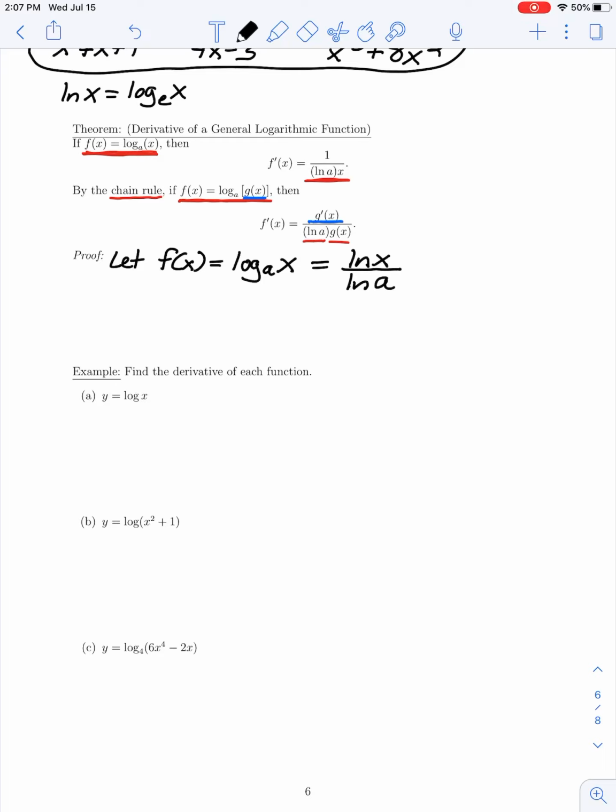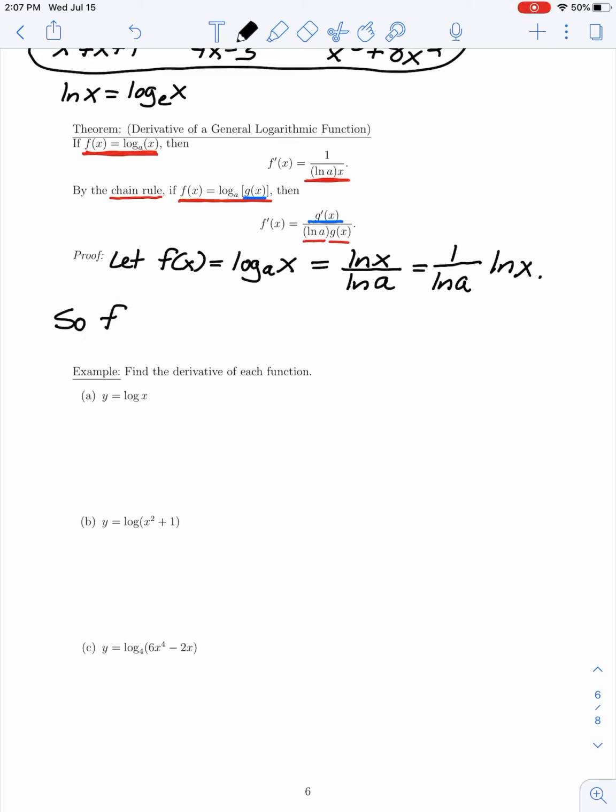So any logarithm can be rewritten in terms of the natural logarithm that we're a little more familiar with. Or we can think about this as 1 over the constant natural log of a times the natural log of x.